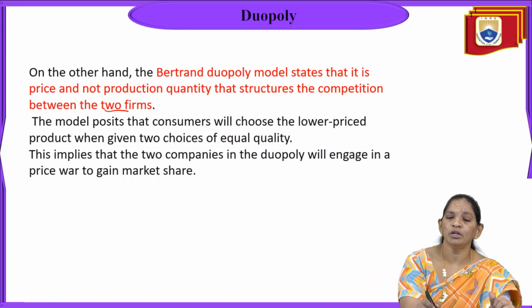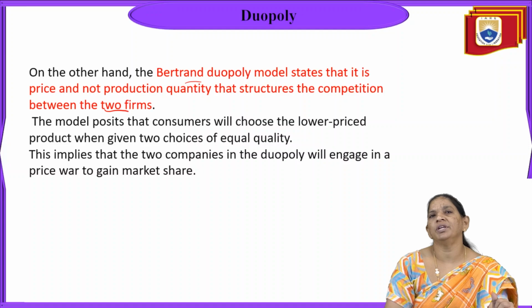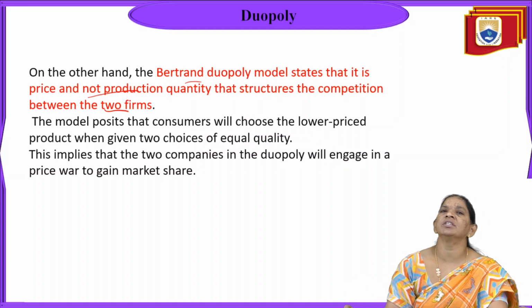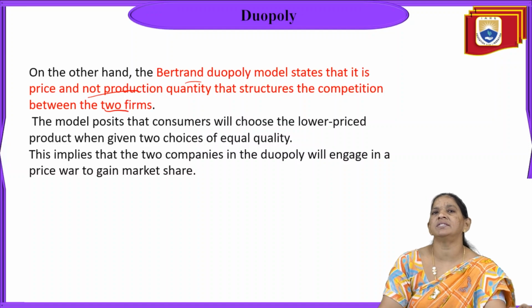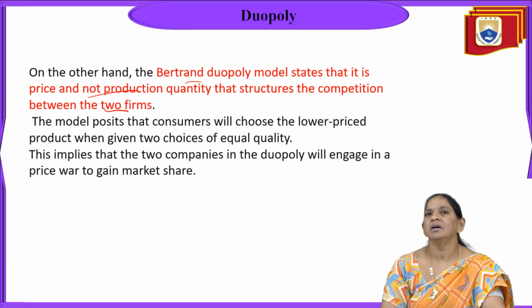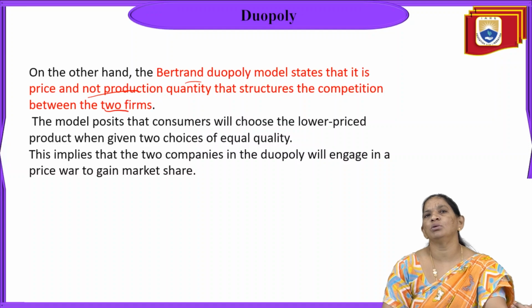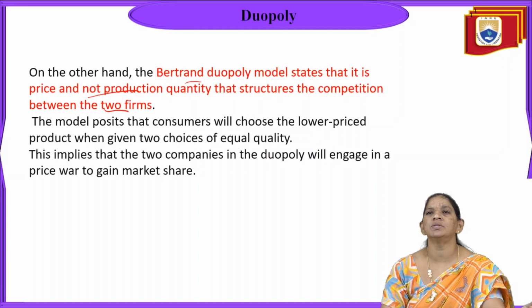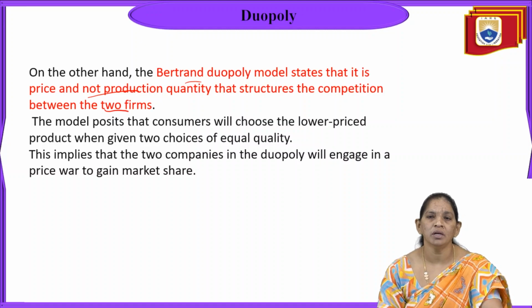But under the Bertrand duopoly, the price plays the important role, not the production quantity, in deciding between the two firms. This model posits that a consumer will choose the lower priced product when given two choices of equal quality.